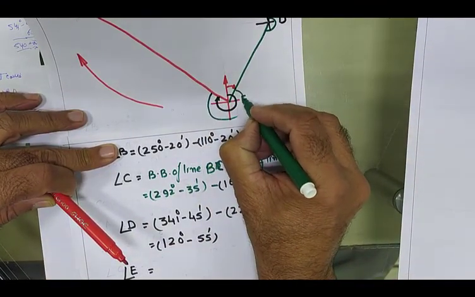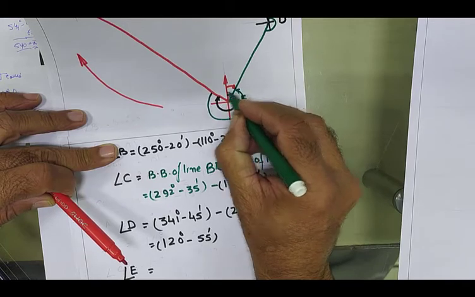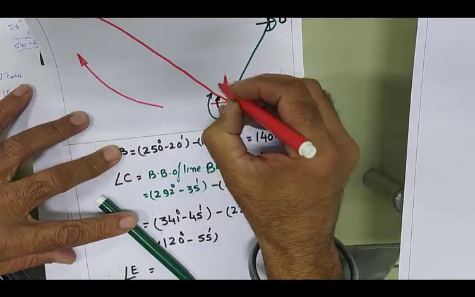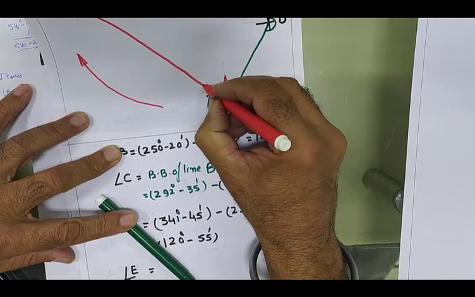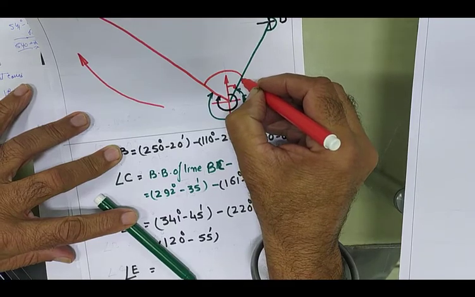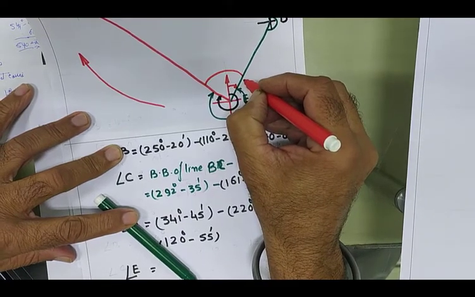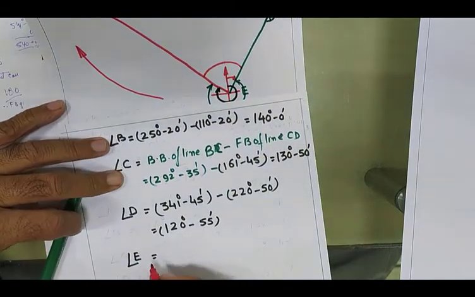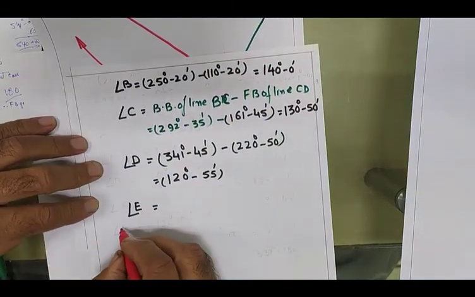So at the start, this is the external angle you are getting at the station. We have to calculate the internal angle. First you calculate the external angle, then deduct it from 360 degree, and you will get the internal angle E. So here I will write down E as an external angle.